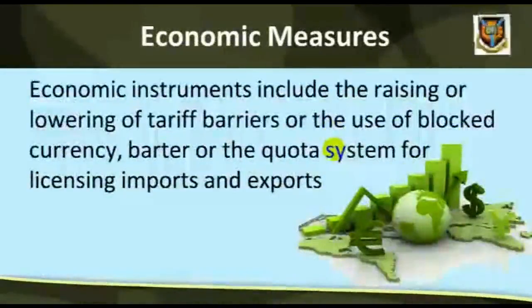Economic measures. Economic instruments include the raising or lowering of tariff barriers or the use of blocked currency, barter or quota system for licensing imports and exports. It can also be through embargoes, boycotts, aids, and sanctions.